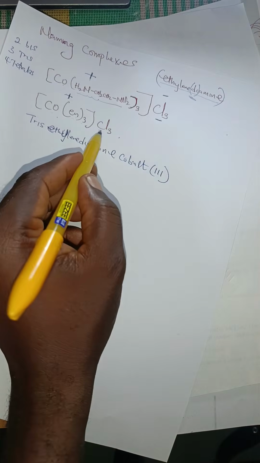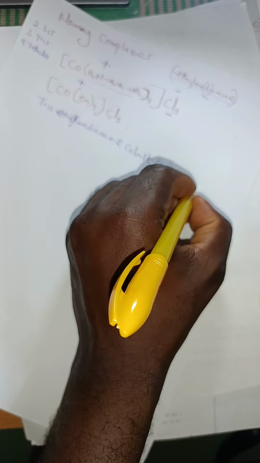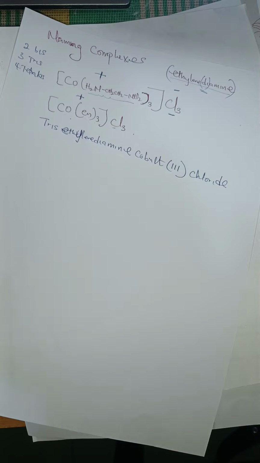Then we have our counter-ion. What's our counter-ion? The counter-ion is chlorine. This chlorine is not a ligand, it's a counter-ion, so just say chloride. As simple as that. So what's the lesson here?